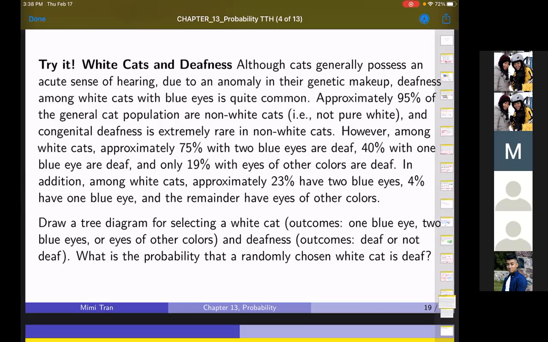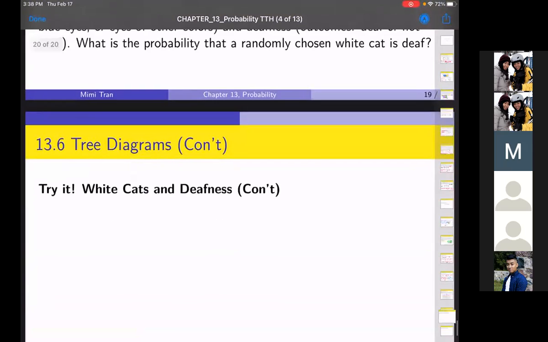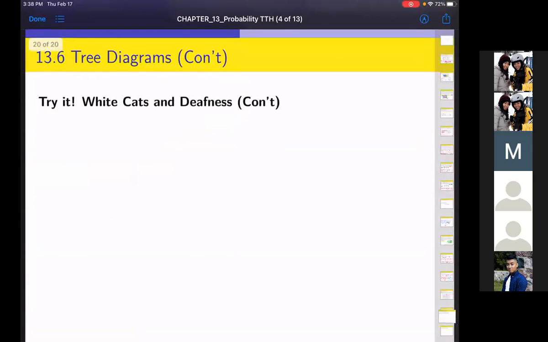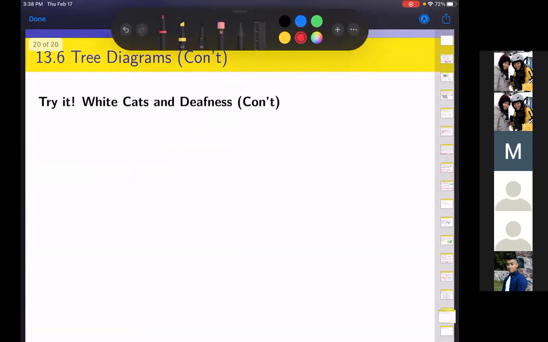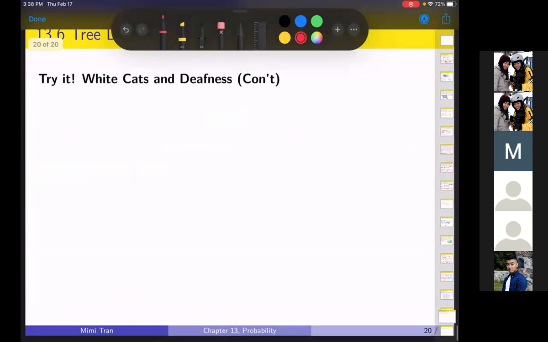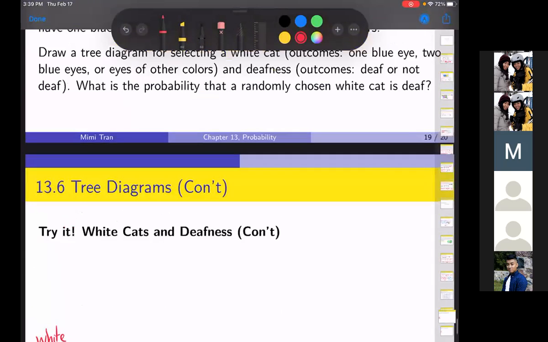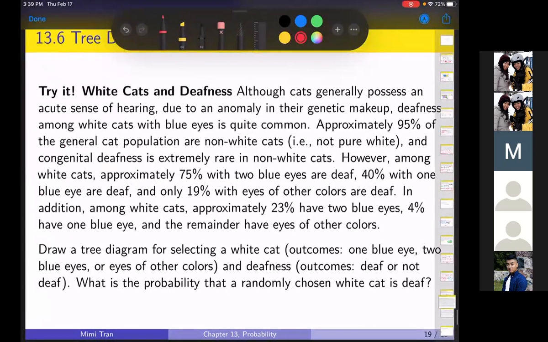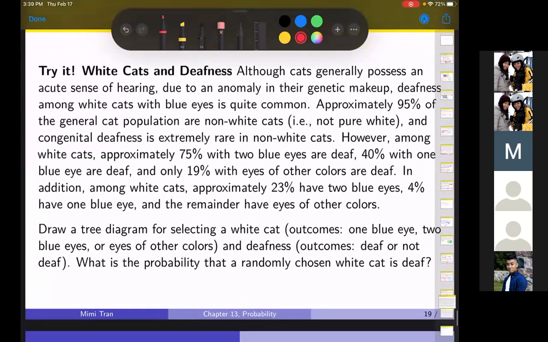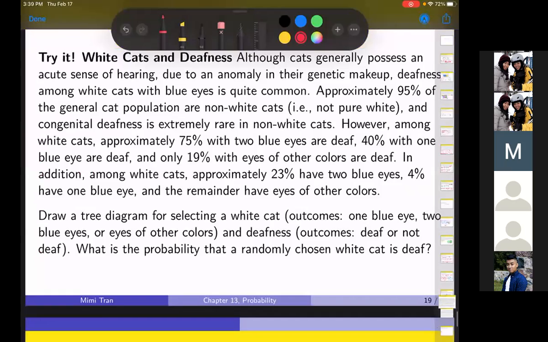So I have a white cat group. How many percent total? 95%, right? Oh, hang on, let me see. Around 95% of the general cat population are non-white. Oh, this is non-white, not pure white. Okay, non-white.